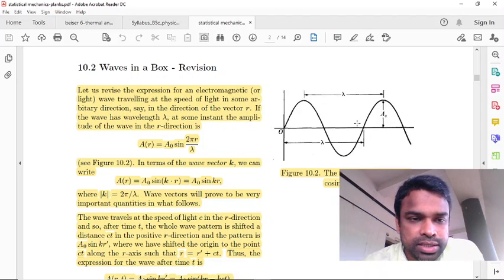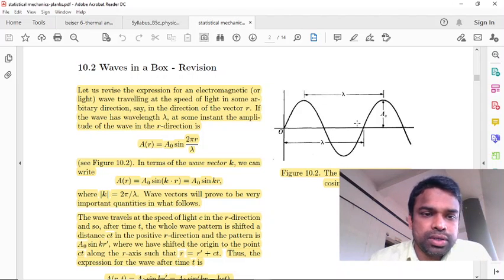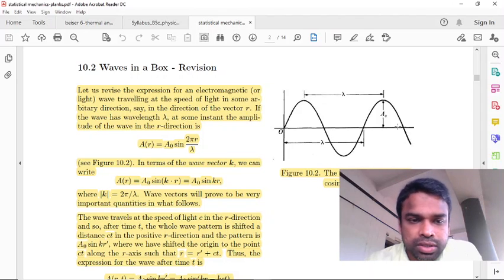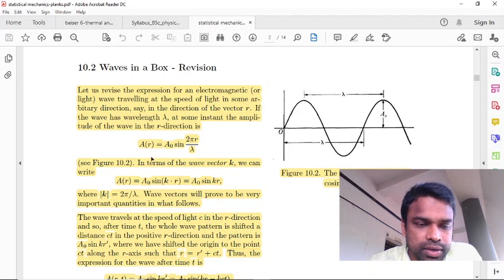If the wave has a wavelength lambda, at some instant the amplitude of the wave in the r direction is given as A(r) is equal to A0 sine 2 pi r by lambda.